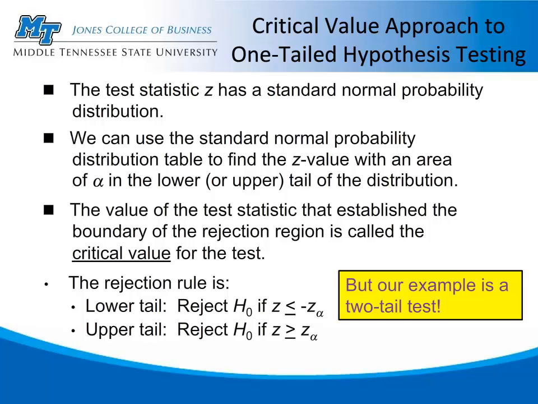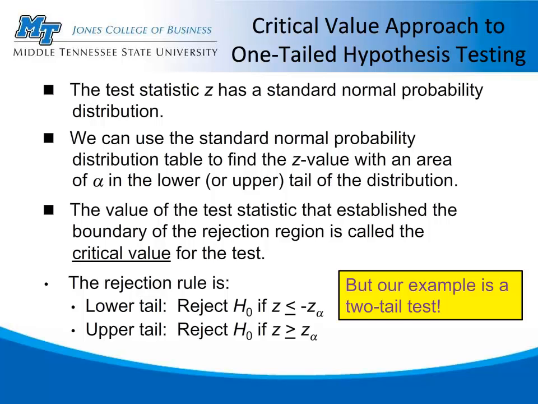If it's an upper tail test, then you take alpha, the level of significance, and you put it on the right-hand side in the upper tail. The critical value is the point that separates the tail from the rest of it.